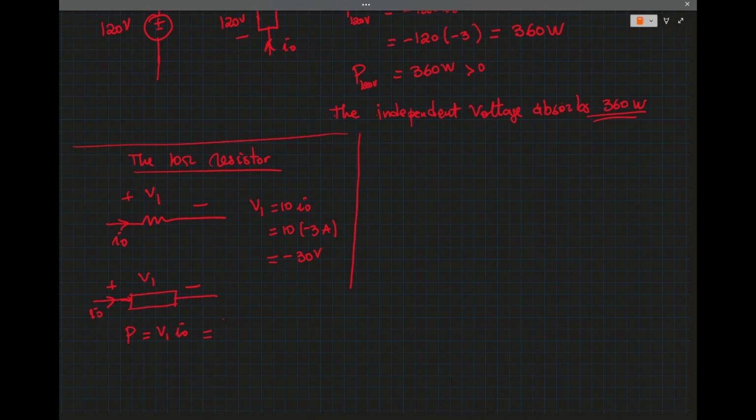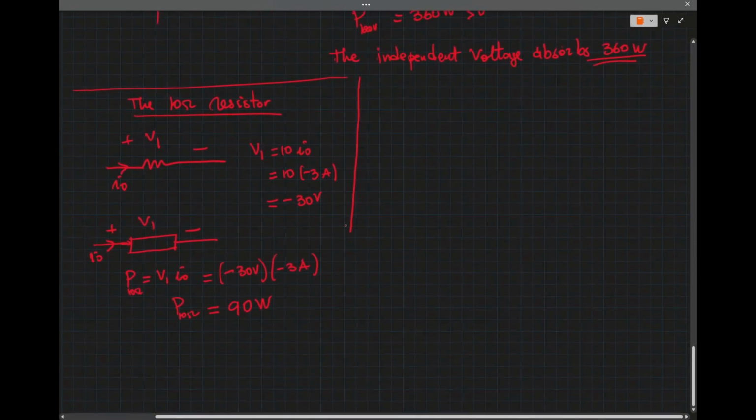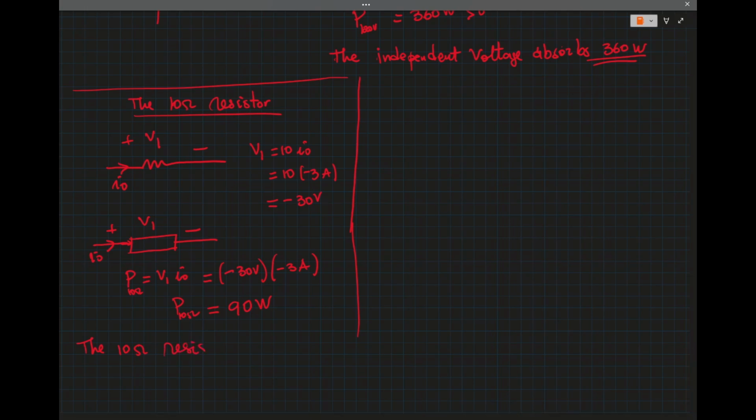So V1, which is -30 volt, times I0, which is -3 amps, which is 90 watts. P of the 10 ohms. Okay, so what conclusion can we draw? The 10 ohm resistor absorbs 90 watts.